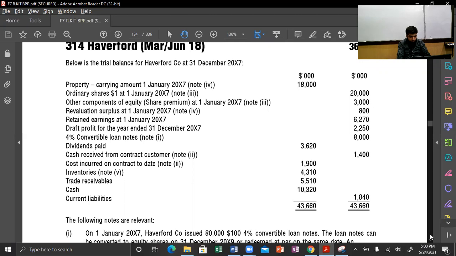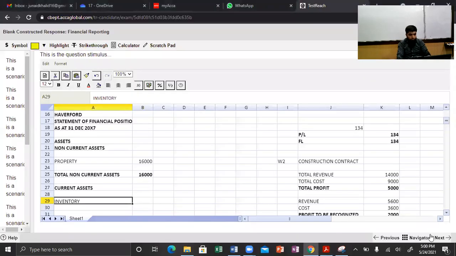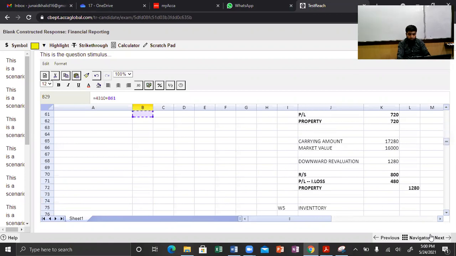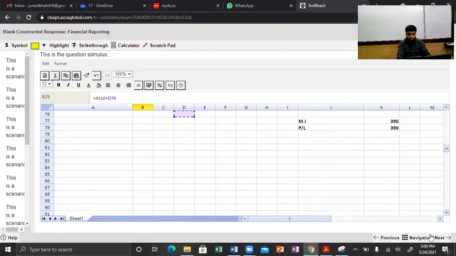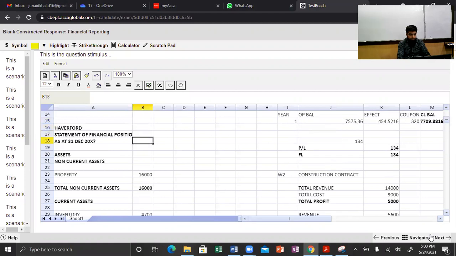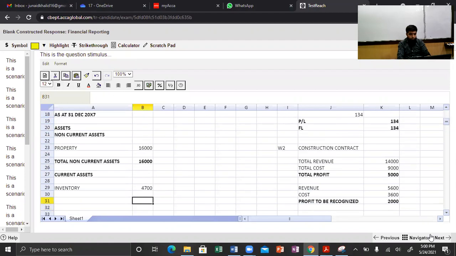The inventory we have in the trial balance is 4310, and the further inventory which we have adjusted is 390. So 4700 is the ending inventory.